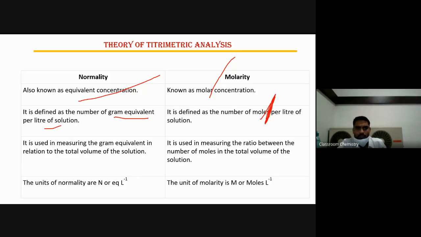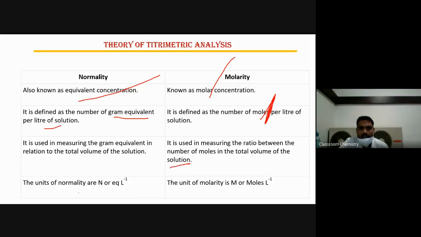It is used in measuring the gram equivalent in relation to the total volume of solution. It is very simple: the gram equivalent weight dissolved in a particular volume of solution. Molarity is used in measuring the ratio between the number of moles and the total volume of solution. Here we take the number of moles.